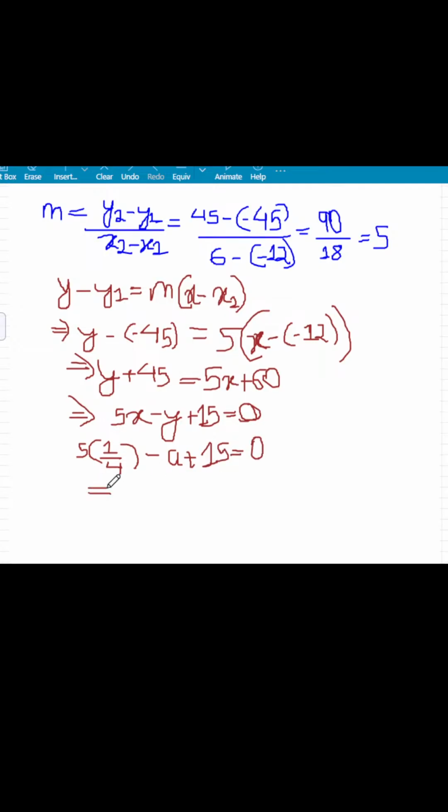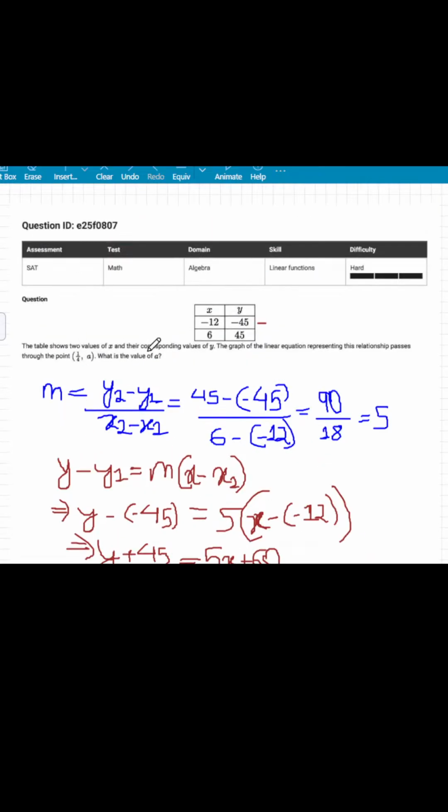So then a is equal to 5 by 4 plus 15, which is equal to 5 by 4 plus 60 by 4, which is 65 by 4, or it can be 16.25. So this is the answer, 65 by 4 or 16.25. So that is the value of a.